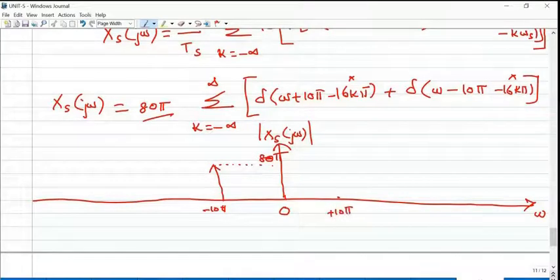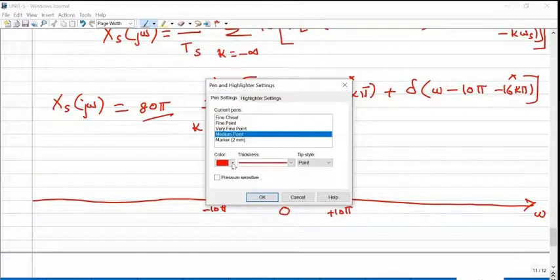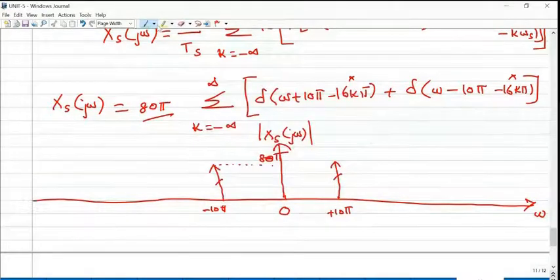δ(ω − 10π) is the delayed version of your delta function. So one set is over. Now substitute k equal to 1. What do you get?